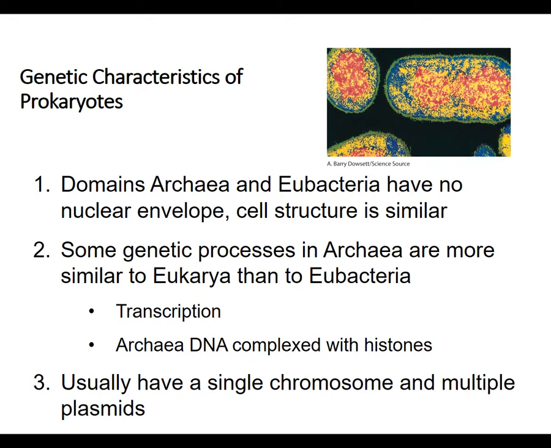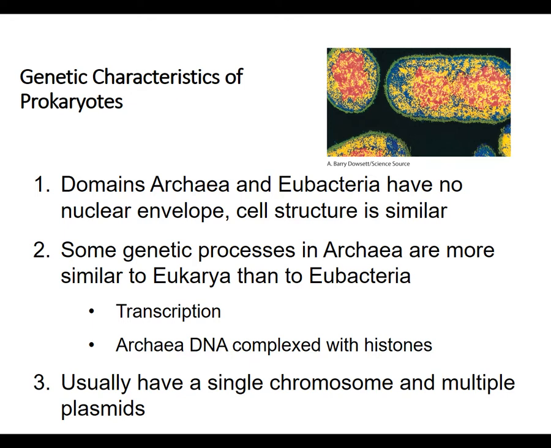That's how we think the very first eukaryotes formed billions of years ago. And so it makes sense that some things in the archaeans are similar to our modern day eukaryotes.